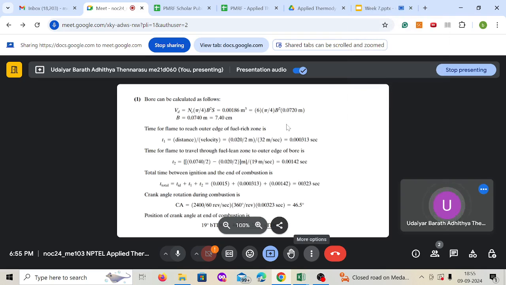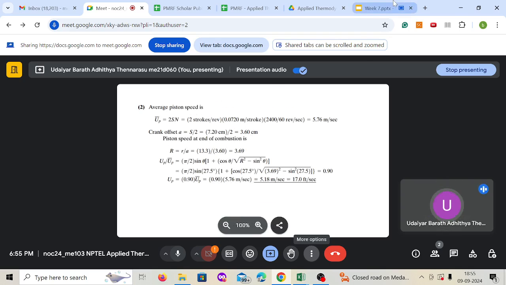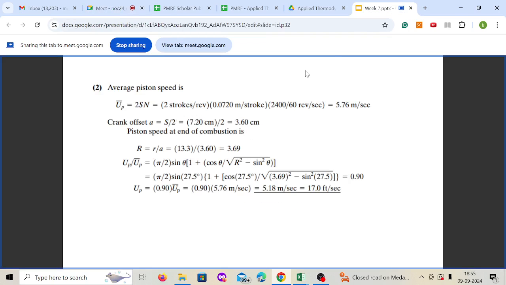We have found the first one. Next is to find the piston speed. The average piston speed is 2 times stroke times speed.